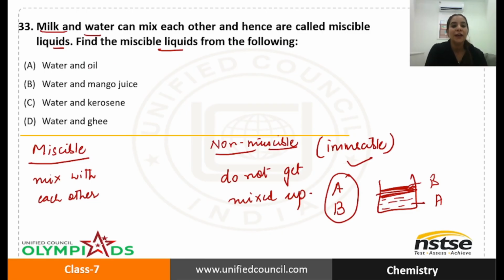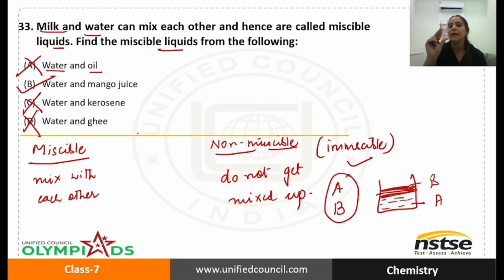Now here we need to find more miscible liquids. Water and oil. Do you think water and oil mix up? No. Because when you add water to oil, if you stir also, then also after some time you will see that they separate into different layers. Water and mango juice, yes, they mix with each other. Water and kerosene, again no. Water and ghee, again no. You can try this out.